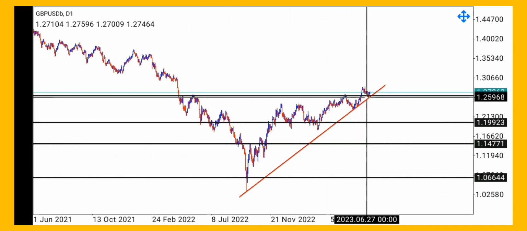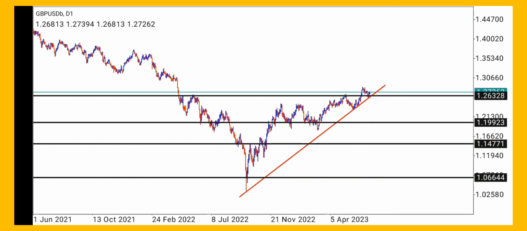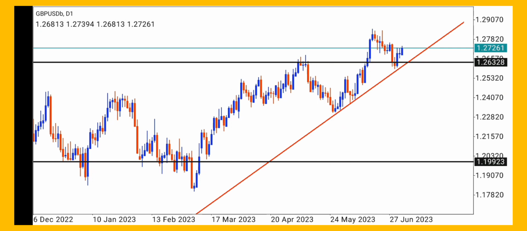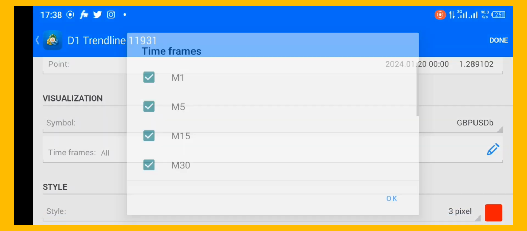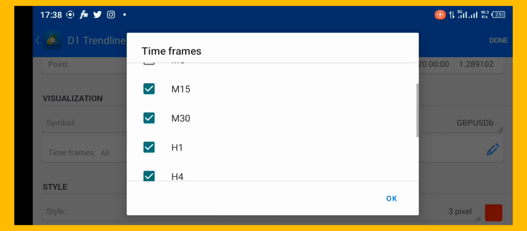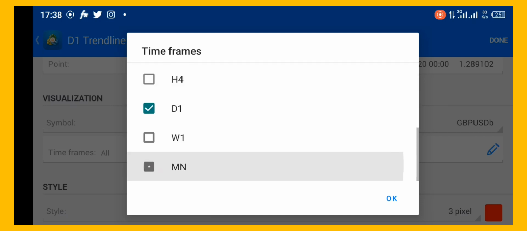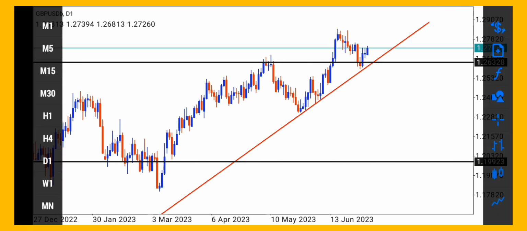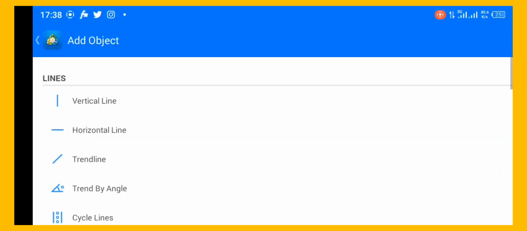Now having that particular candlestick at this point, for me it's a strong indication that the market wants to continue with the upwards momentum or the bullish momentum. So let me just lock this trend line on the daily, so we dive into the H4 and analyze what price is presenting. Alright, so here we go.